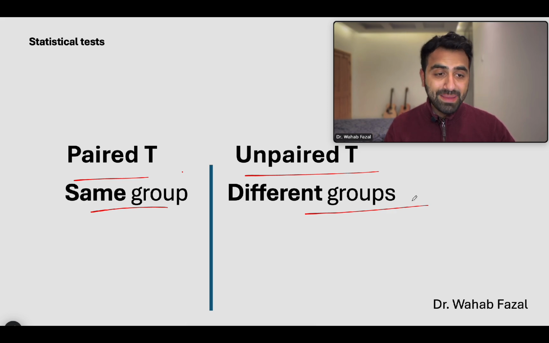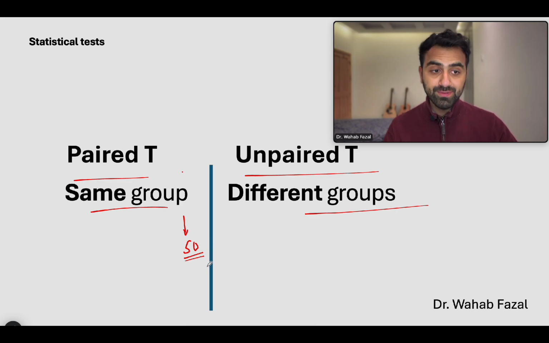Basically, if you want to study the effect of an intervention on one particular group, what you do is you hire a team of players and you calculate the amount of goals they score. Let's say goals in a season is like 50 goals.